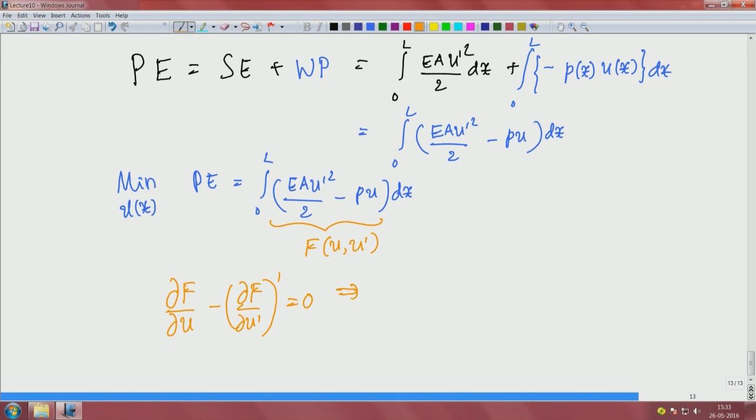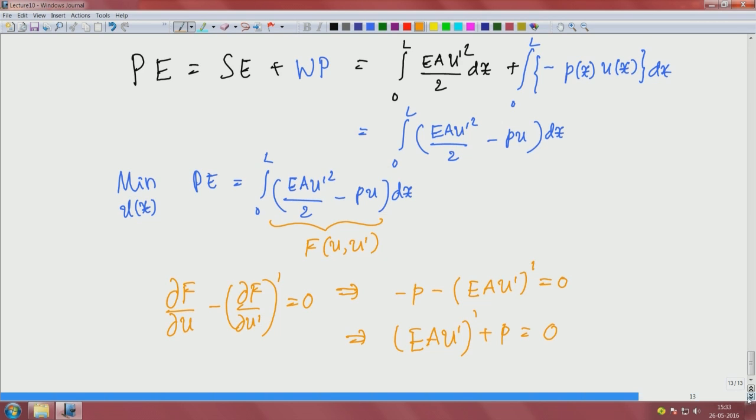That gives us dou f by dou u, we have this P u that gives me minus P, and then minus d by dx of dou f by dou u prime gives me E A u prime. This 2 and square 2 will both cancel, E A u prime prime equal to 0. In other words, what we got is E A u prime prime plus P is equal to 0. That is the governing equation we get.